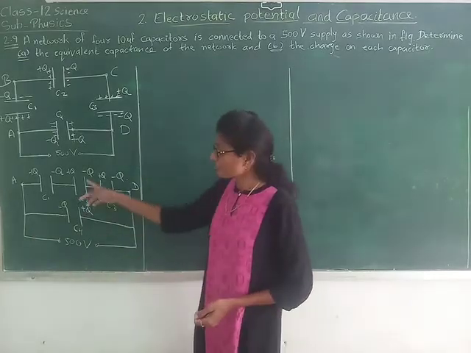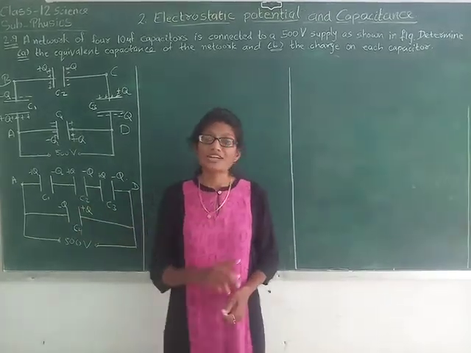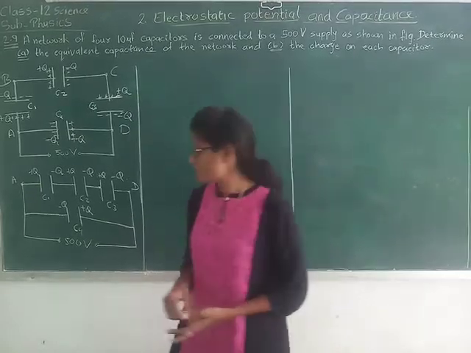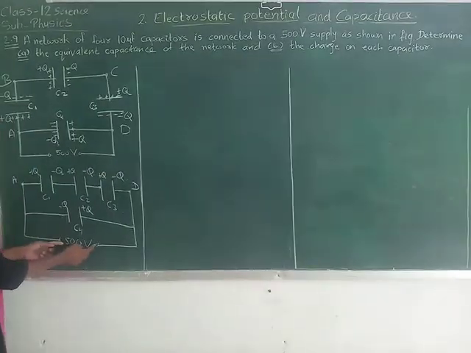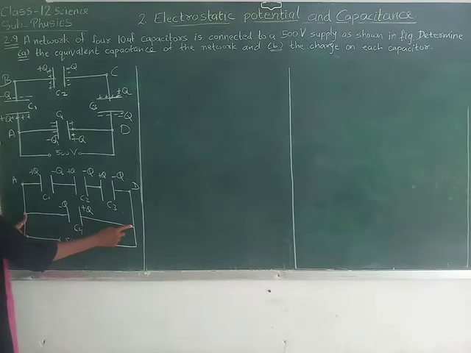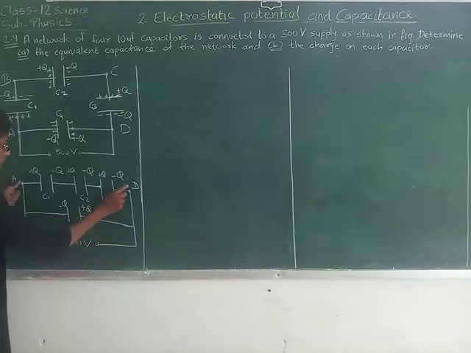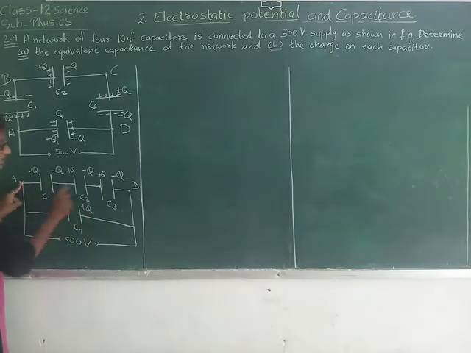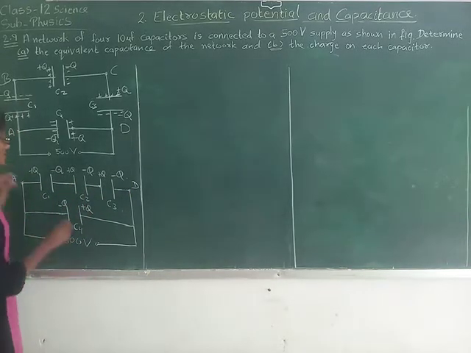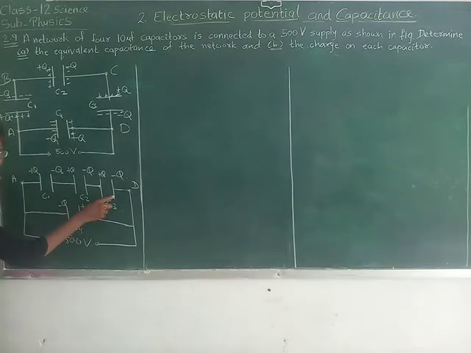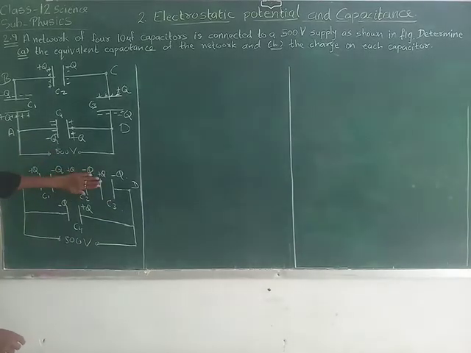Because we know for parallel connection the potential difference is same, right? So here the 500 volt is given to capacitor C4 at its 2 terminals, as well as the same 500 volt is given to the points A and D, and between A and D are the 3 capacitors. So we can say these 3 capacitors are in series connection and those 3 capacitors are in parallel with this C4.